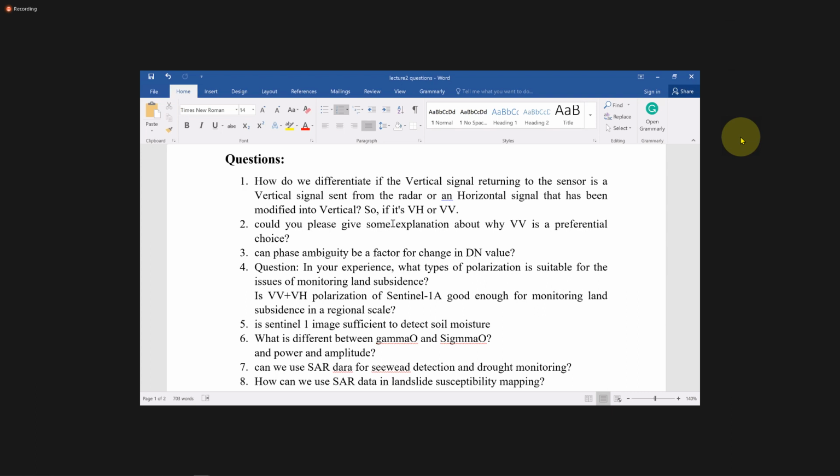However, why a signal is changed from, let's say, vertical to horizontal, we can only guess. Typically it is volume scattering, with many scattering events, or it hits a tilted surface.